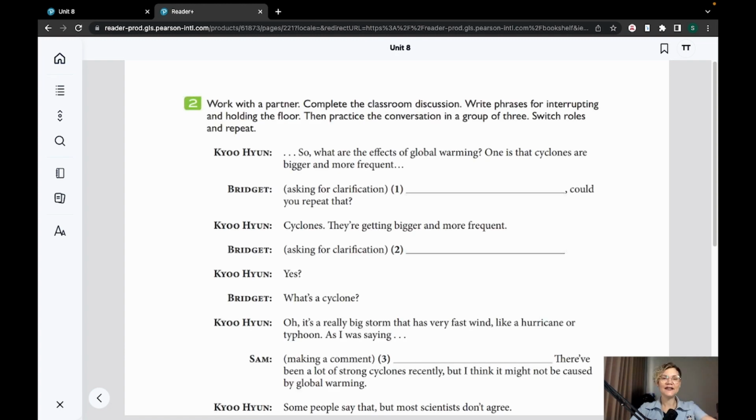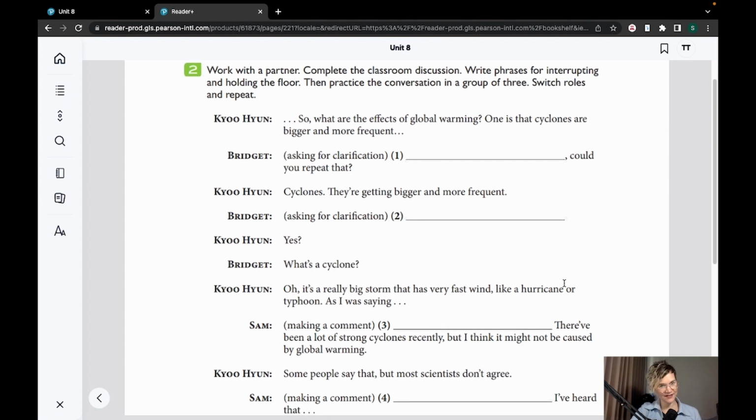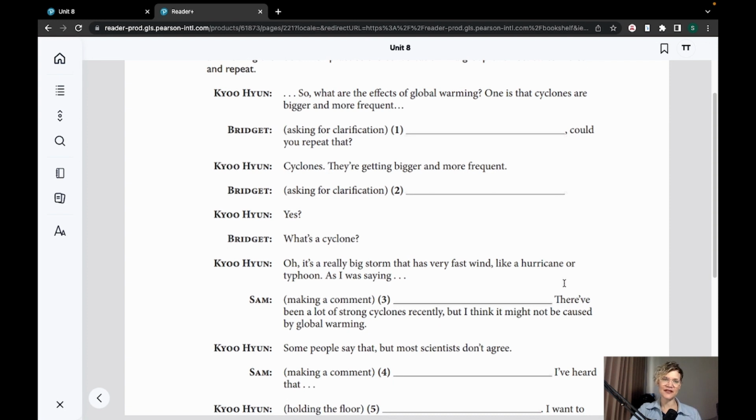Okay, that completes the classroom discussion, which we have here. Write phrases for interrupting and holding the floor, and then we could practice the conversation when we meet each other, yeah? So it's a conversation between Kyo Hyun and Bridget and Sam. And it starts, so what are the effects of global warming? One is that cyclones are bigger and more frequent.